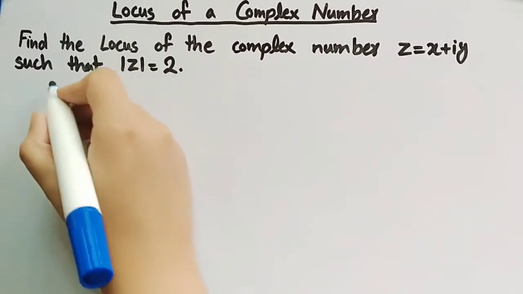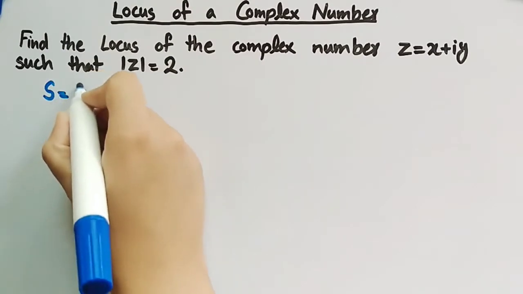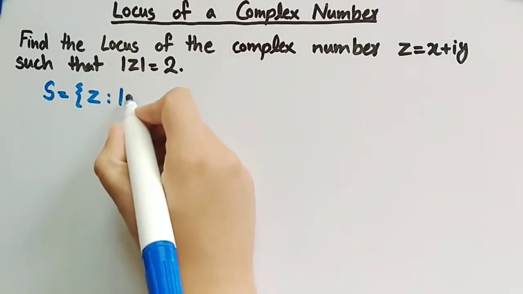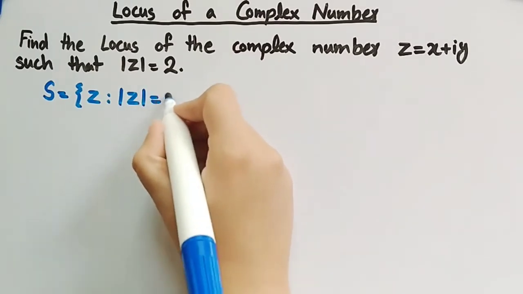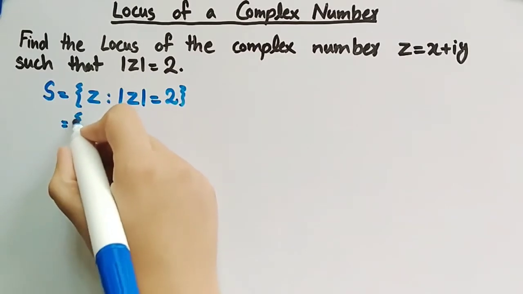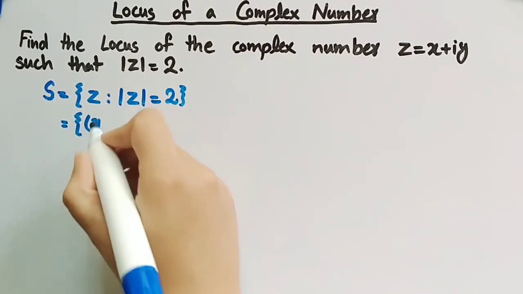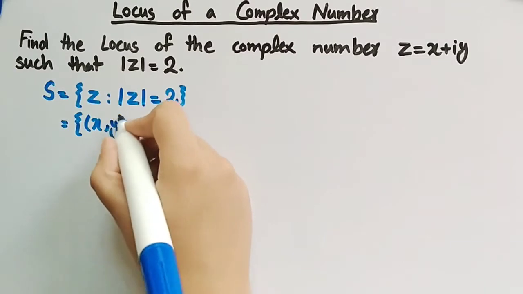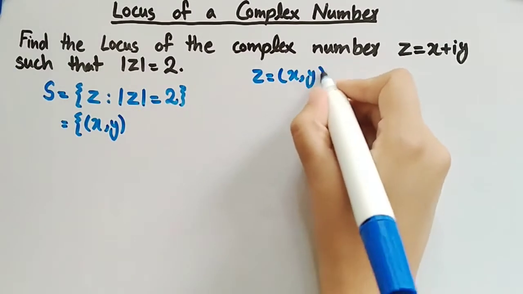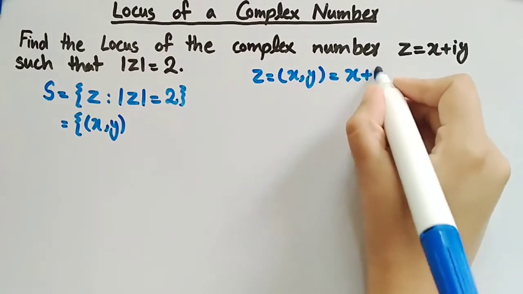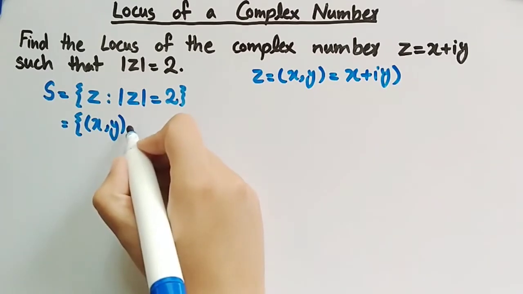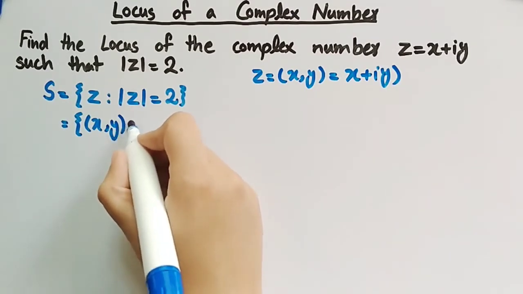For this, let's consider a set S which is equal to all complex numbers z such that mod of z is equal to 2. We can write it as follows. Since z is a complex number, we can write it as x + iy, so we replace it with the ordered pair (x, y), which also represents the complex number z.